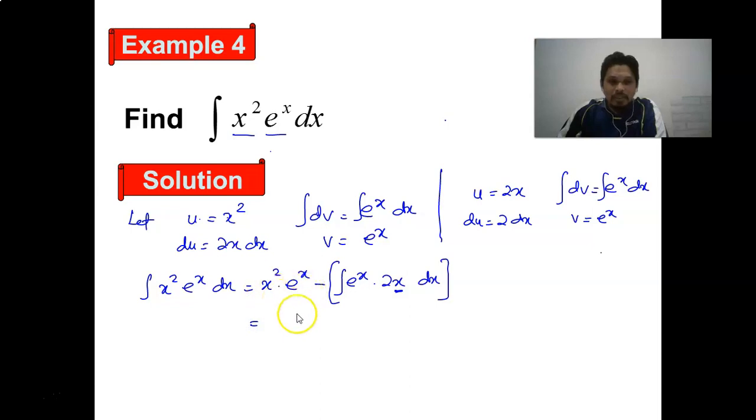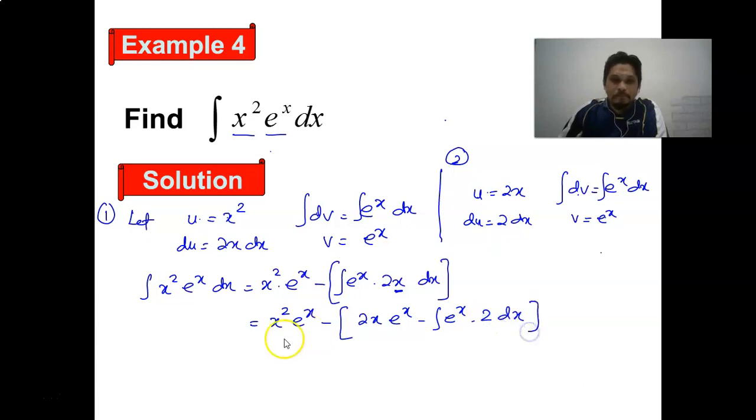So nothing changed here, x squared e^x minus, okay, we come out with another integration by parts. And integration by parts for this one here, we are referring to this u and dv. This is the first u and dv, and this is the second u and dv. So we are referring to this one here now. So uv, 2x e^x minus the integral of v, which is e^x, and du equal to 2 dx.